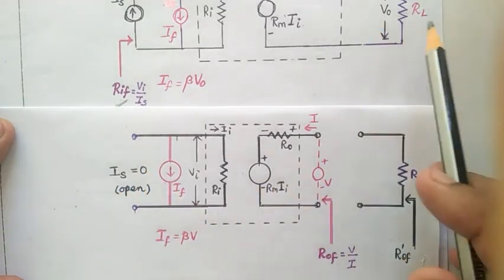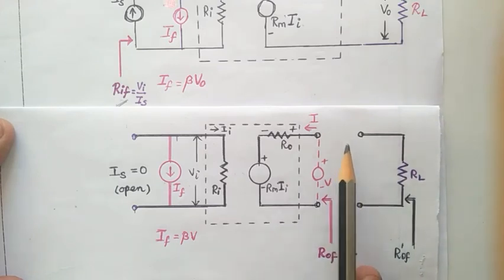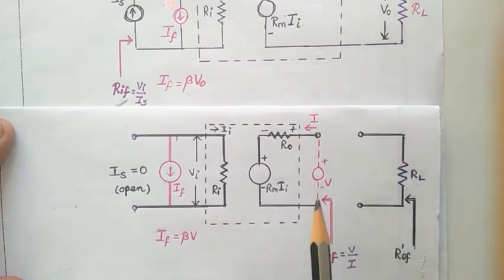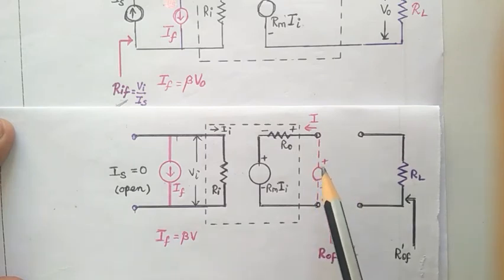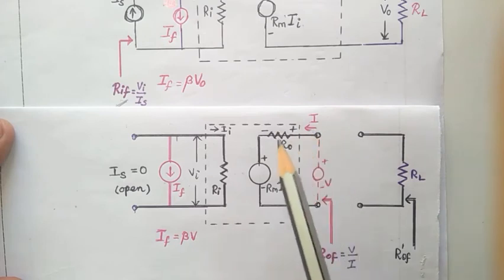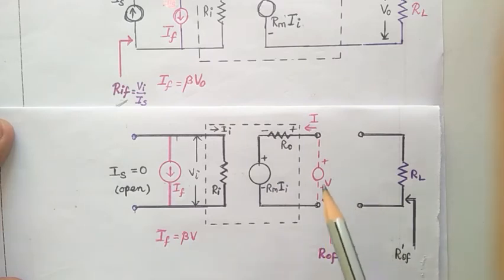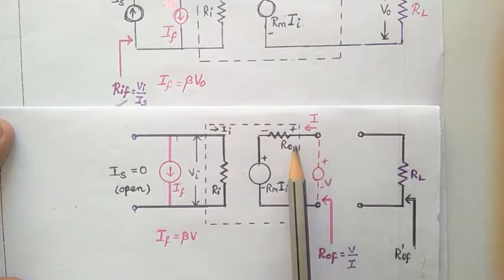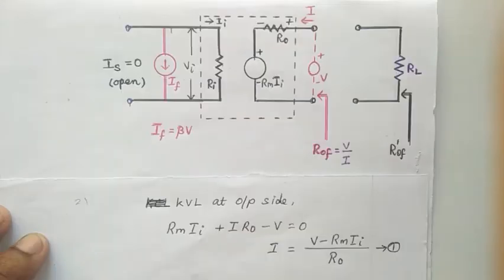Then on the output side, I disconnect the RL load resistance and apply a test voltage here. From the test voltage I flow some current. By this I can find the output resistance with feedback, ROF is equal to V by I. After finding this, I connect RL to this circuit. Finally I find R dash OF.